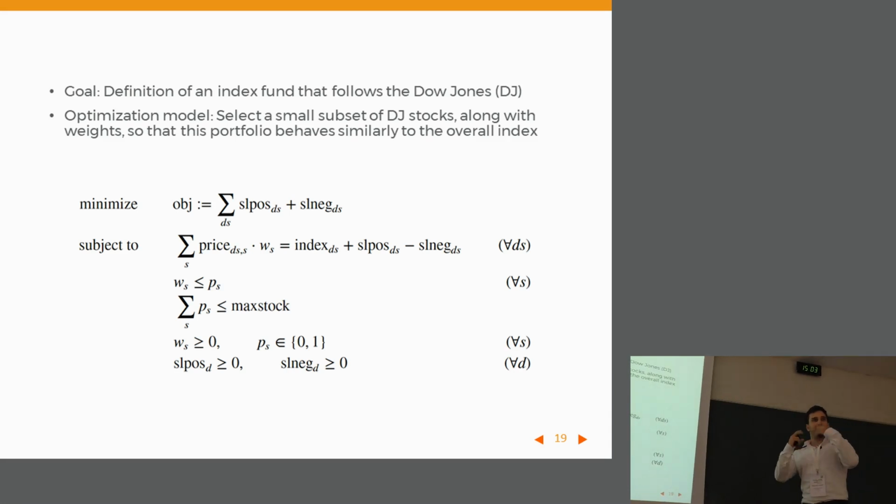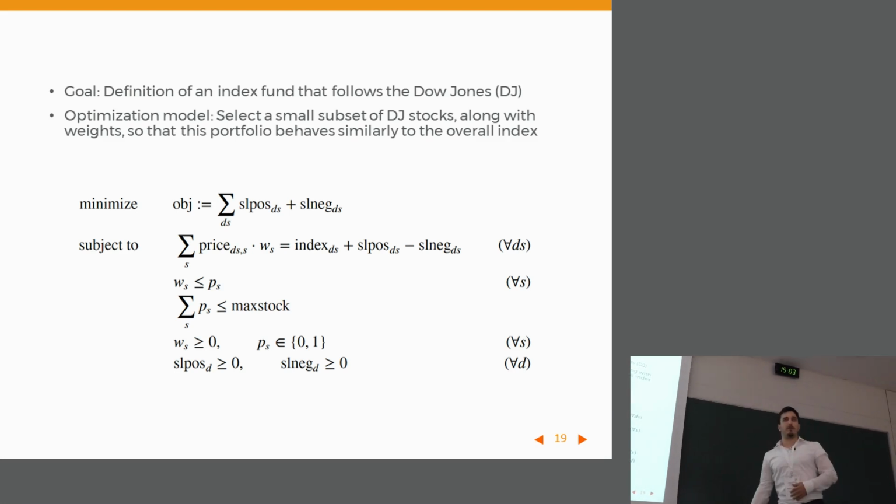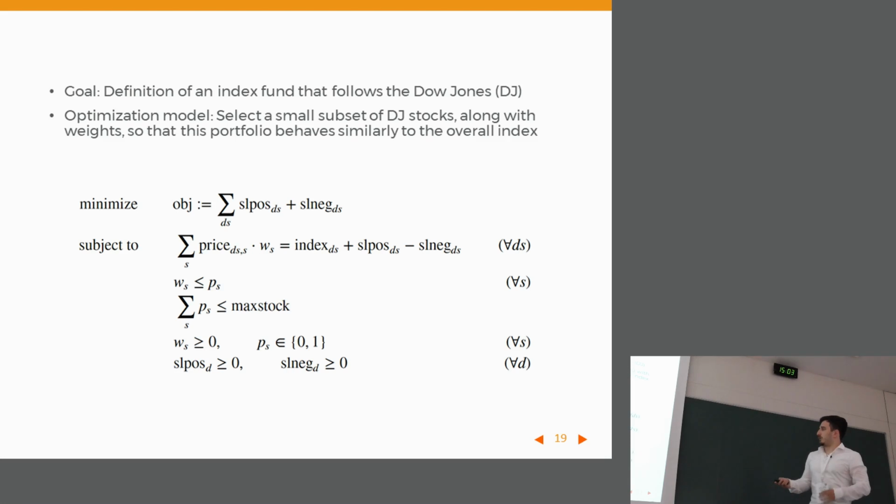So we want to have a subset of the 30 Dow Jones stocks, and we want to approximate the Dow Jones by this limited number of stocks as well as possible, and we do this by minimizing the absolute deviation from the index, and that's basically all the model does. So we have the scalar parameter max stock, which you can of course set, and then you get the approximation. All right.